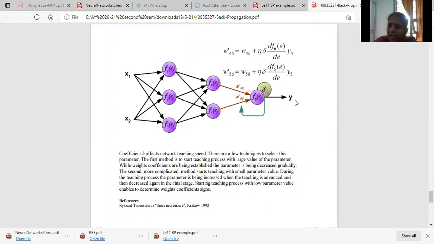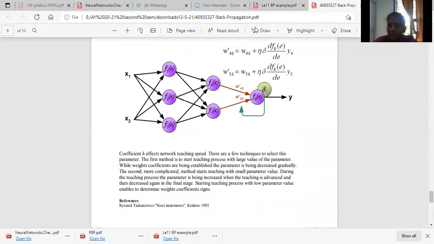You cross-check whether the desired output is achieved or not with the new weight values.